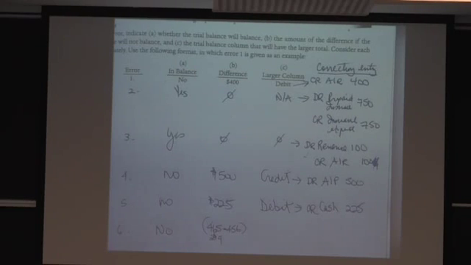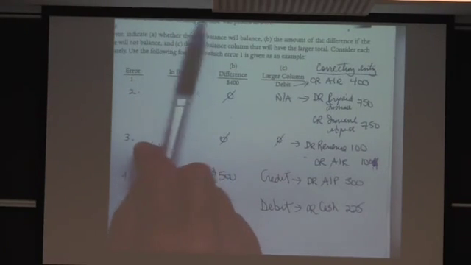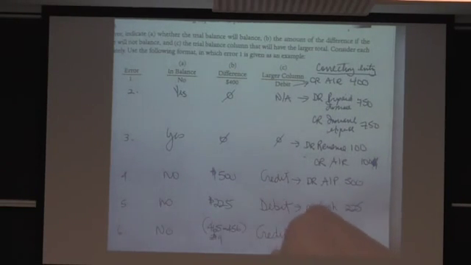And which side of the column is larger? So they debited $465 advertising. Instead of debiting $465, they debited $456. So the credit side is going to be the larger column.